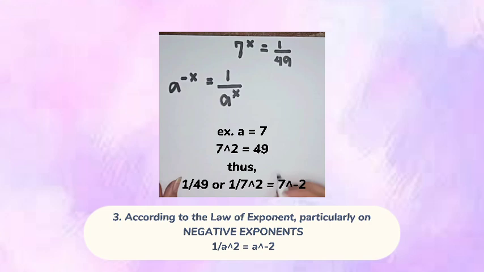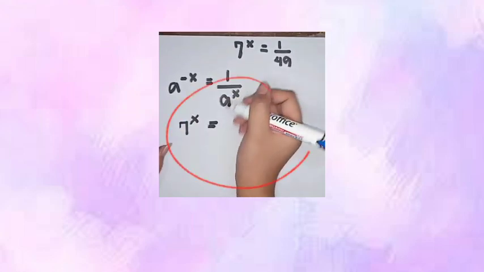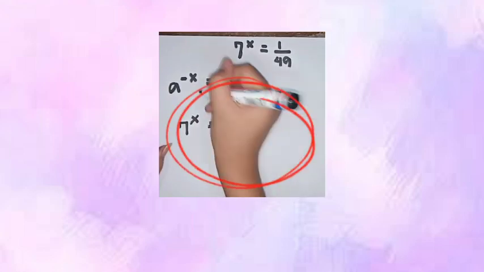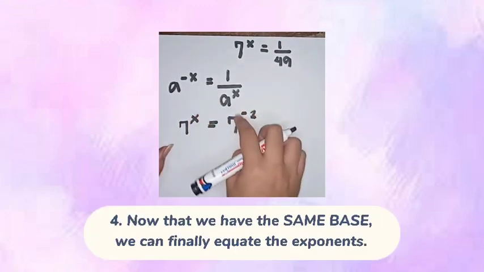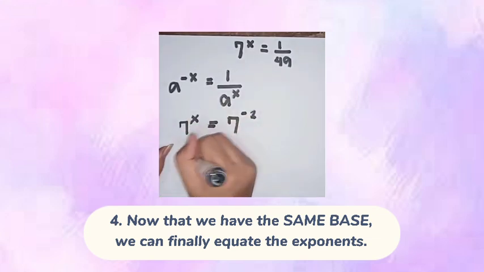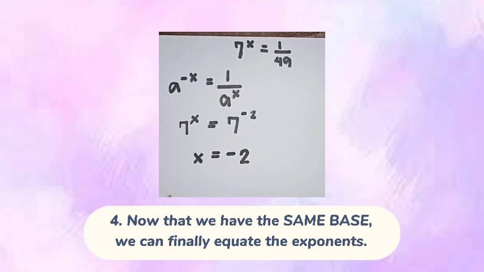Thus, 1 over 49, or 1 over 7 squared, is equal to 7 to the power of negative 2. Thus, 7 to the power of x is equal to 7 to the power of negative 2. Now that we have the same base, we can equate the exponents. So x is equal to negative 2.